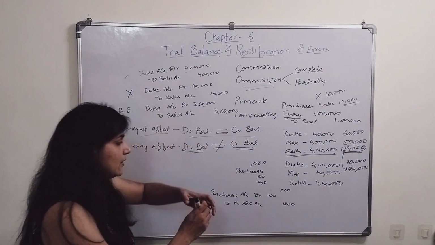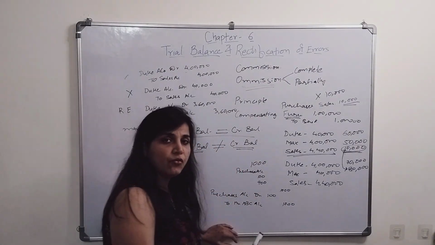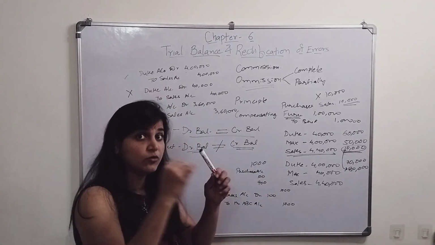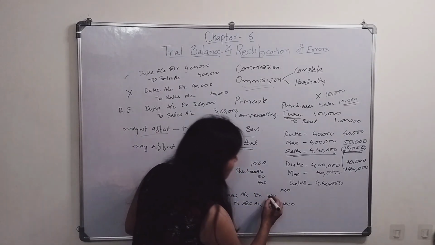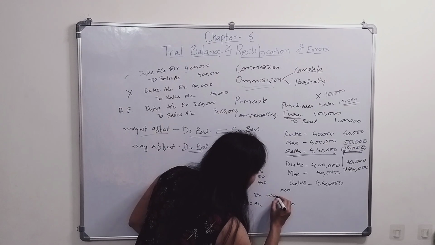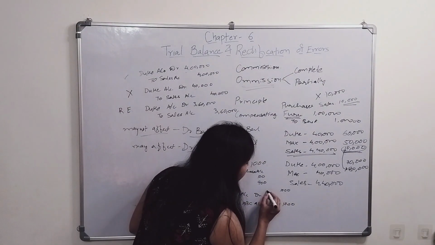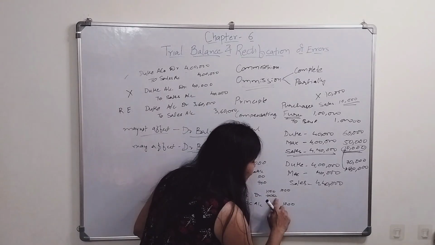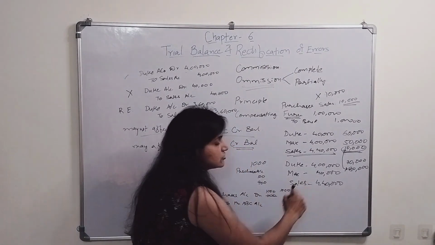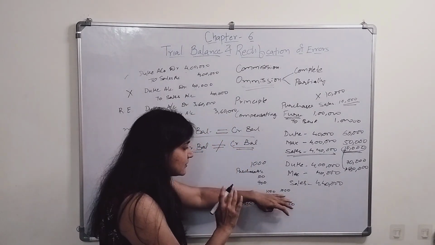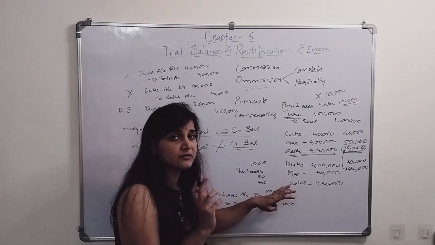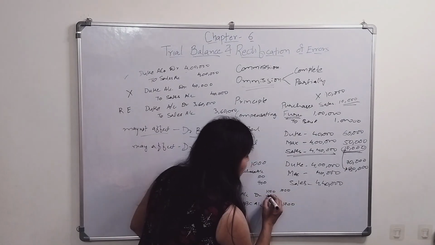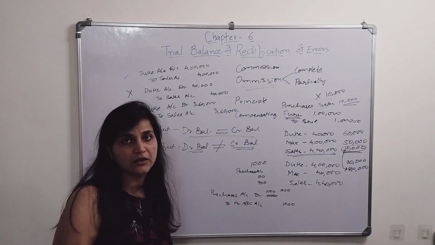Now if I got to know while passing the journal entry that this error has been committed before posting it to the ledger, I just need to cross this 100 rupees and write 1,000 over here. I'm not supposed to erase it or scribble it, because that means you are committing something which is wrong. Simply strike it off and write 1000 rupees.